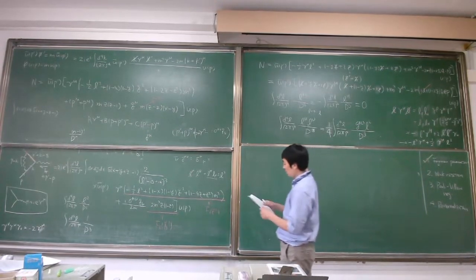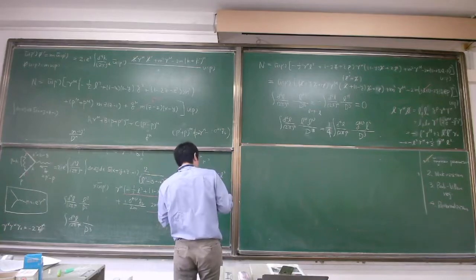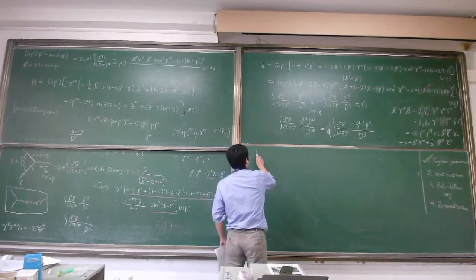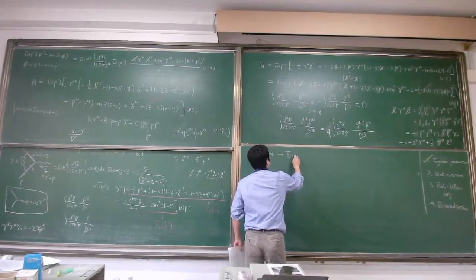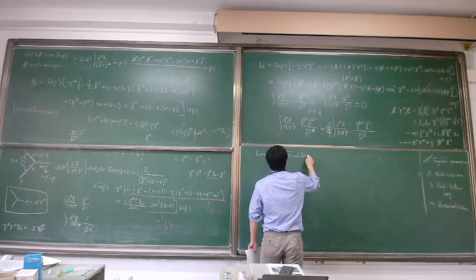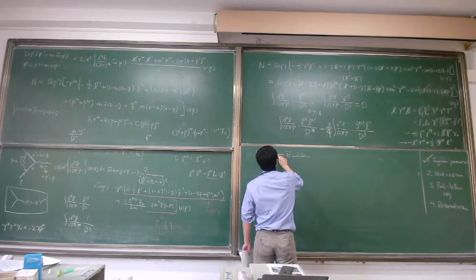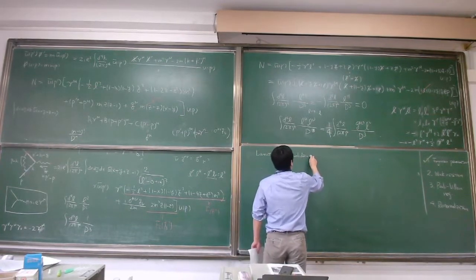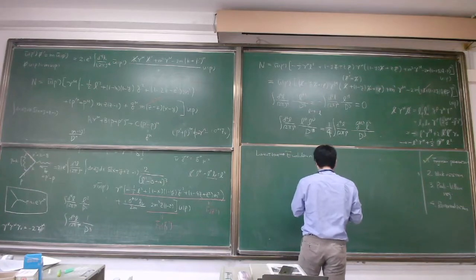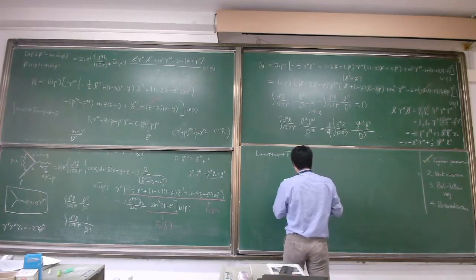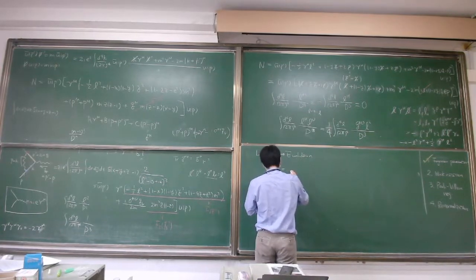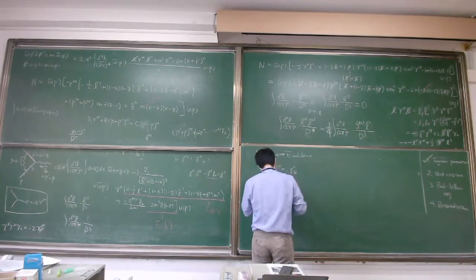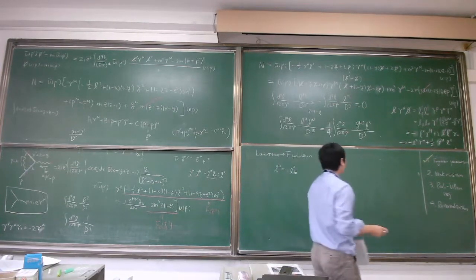The reason why we move to the Wick rotation is just to move from Lorentzian to Euclidean by performing L0 here equal to i times L0 Euclidean, so that the metric is all minus.